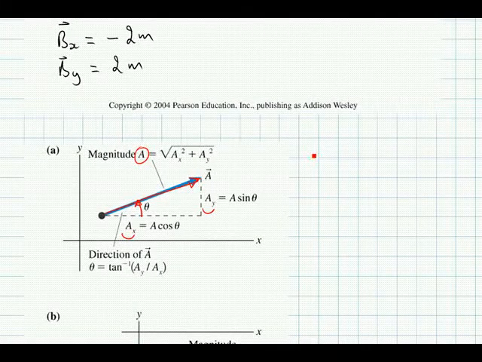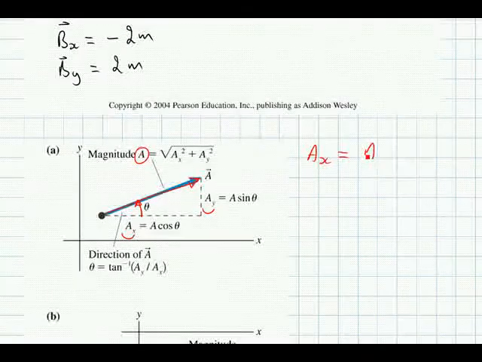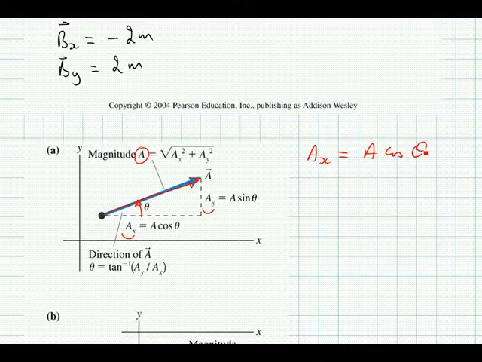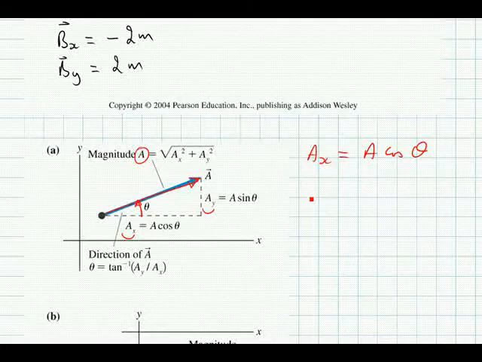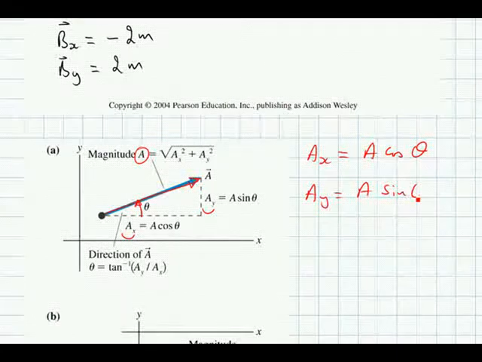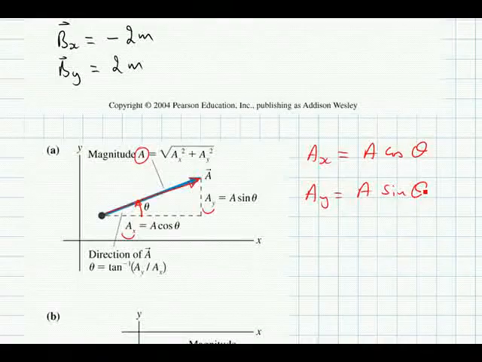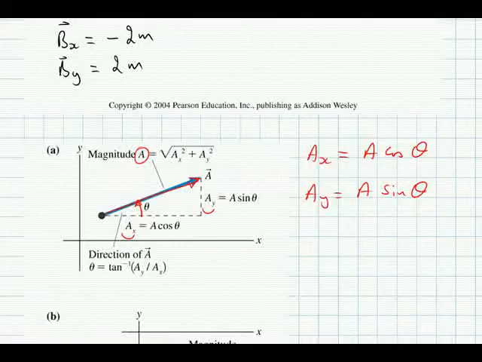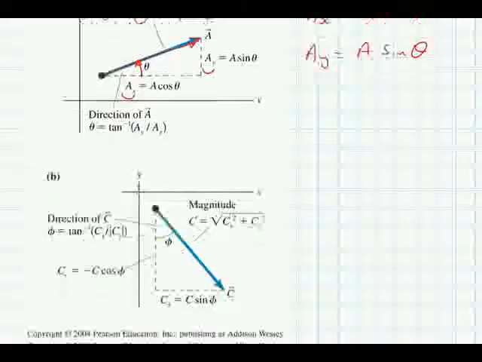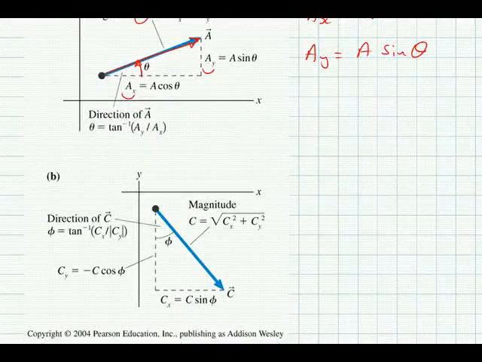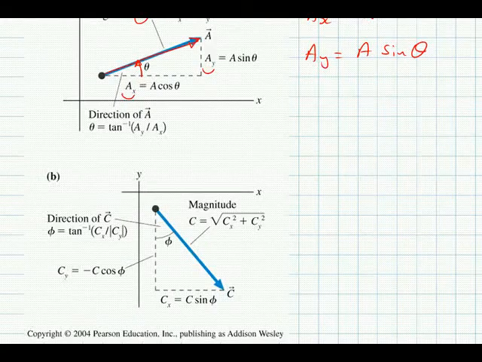So we have Ax then becomes A cosine of theta, right? And Ay is A sine of theta. Once again, this is using the sine and cosine relationships.